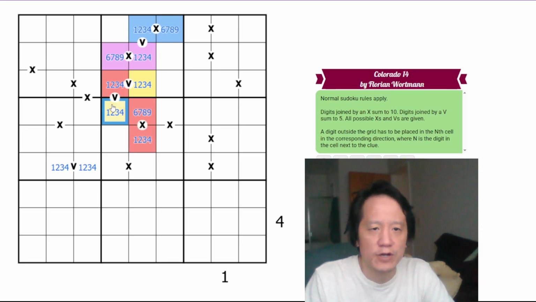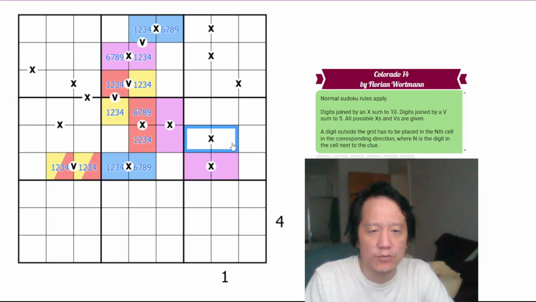And it can't be red, can't be yellow, so this must be pink here. That means this is blue. Since this is blue here, this can't be 1 through 4, so this must be the 6 through 9. This is 1 through 4. This can't be the blue-pink 1 through 4, so this must be red and yellow. That leaves this as pink.